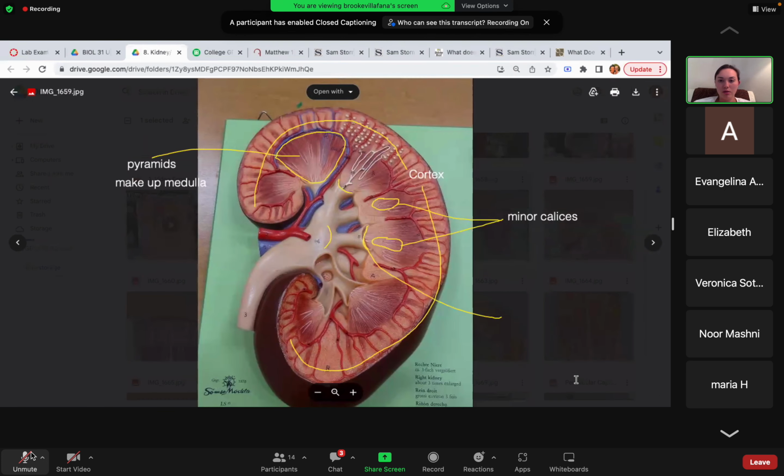So this would be a major calyx is one, calyces is multiple. And those all flow together into the renal pelvis. Then we have the renal artery and the renal vein again. And then remember that the renal pelvis flows out of the ureter, and the ureter connects to the bladder.